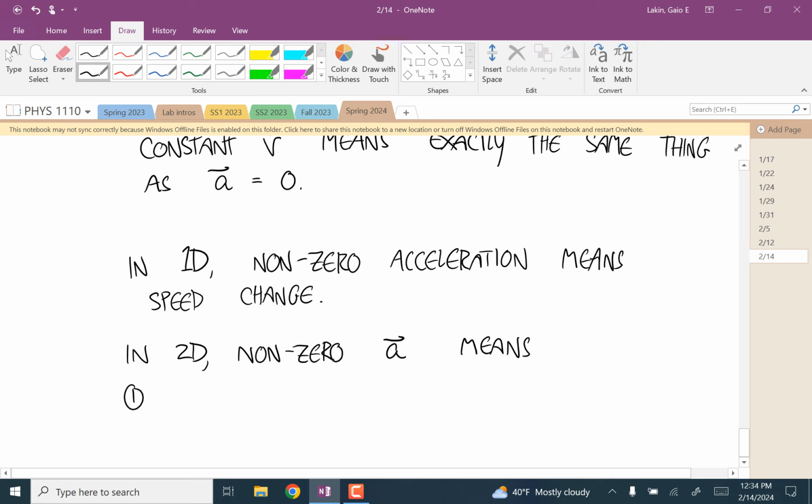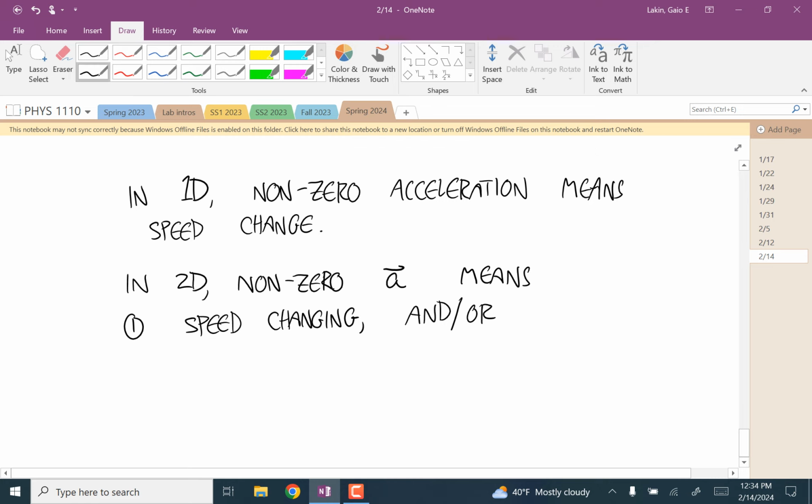First, it can mean that the speed is changing. But in 2D, you can actually have acceleration even if the speed is staying constant. So it can mean the speed is changing, but it also can mean that the object is turning.